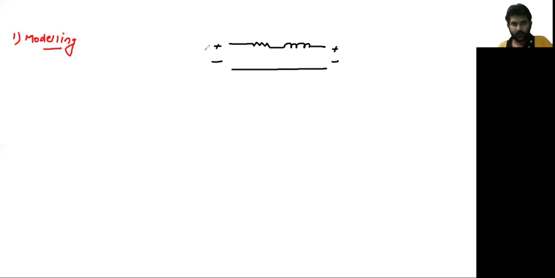This is your sending end voltage Vs. This is your output voltage VO, or we can say receiving end voltage VR. This is your resistance. This is your inductance. So this is the circuit we have to deal with.